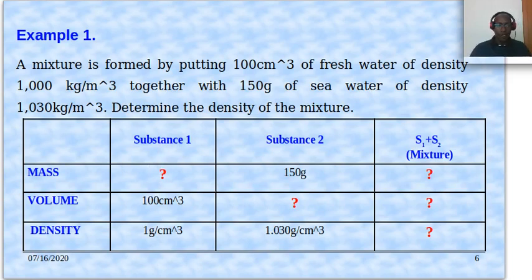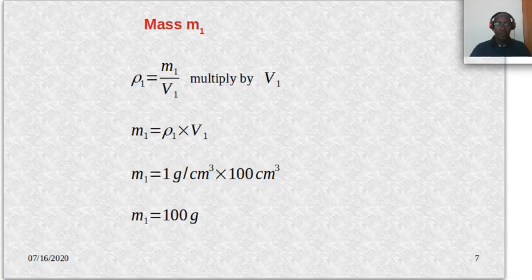Now, how do you determine the mass of substance 1? We go back to our relation and say that density is given by mass over volume. So simply, you want M1, so you need to make M1 the subject of the formula.